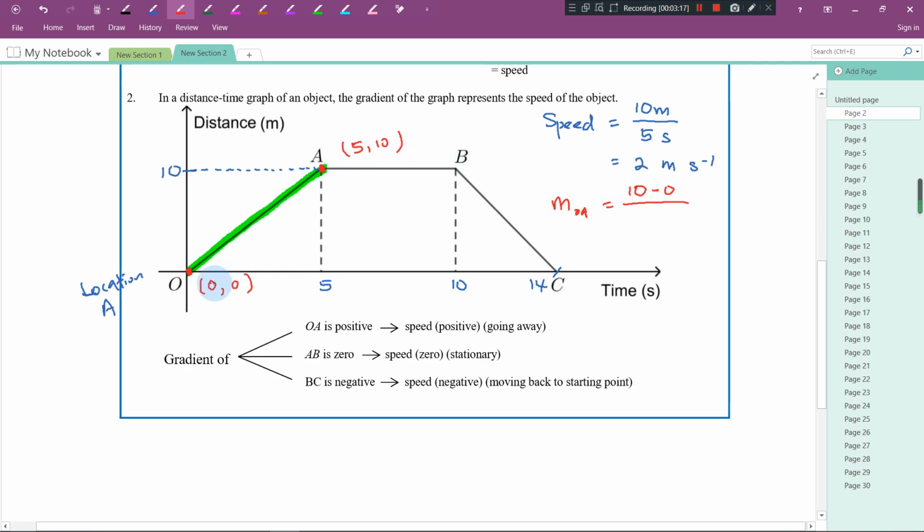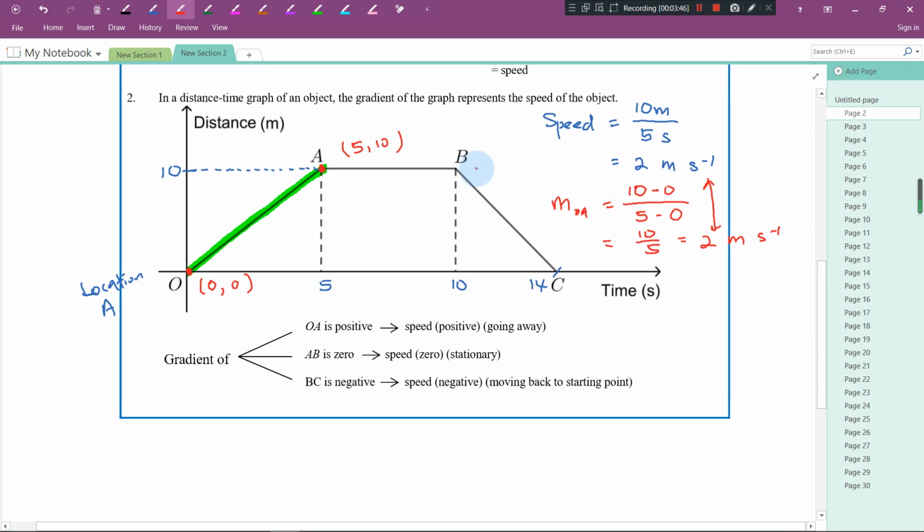This is 10 divided by 5, you will get 2 as well. So they are actually the same thing, 2 meters per second. So from here, we know that if you have a distance against time graph, the gradient of the graph represents the speed of the object.